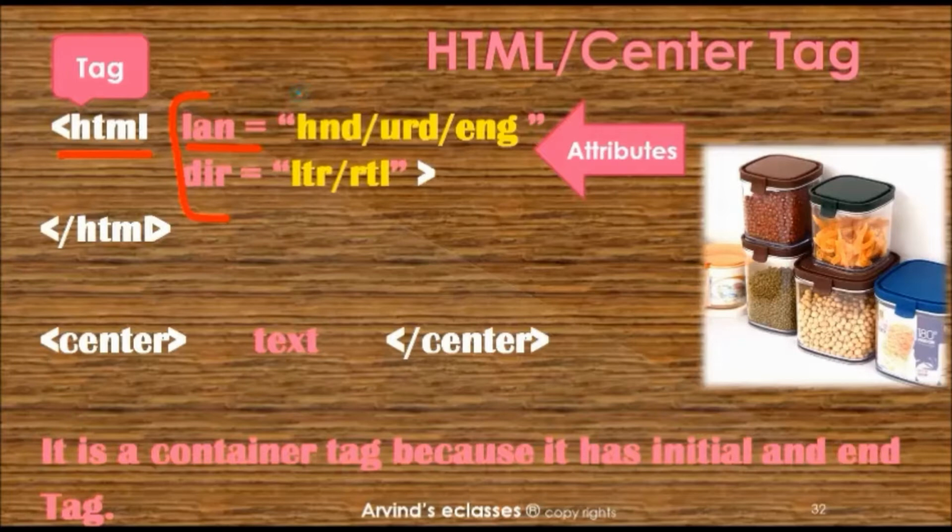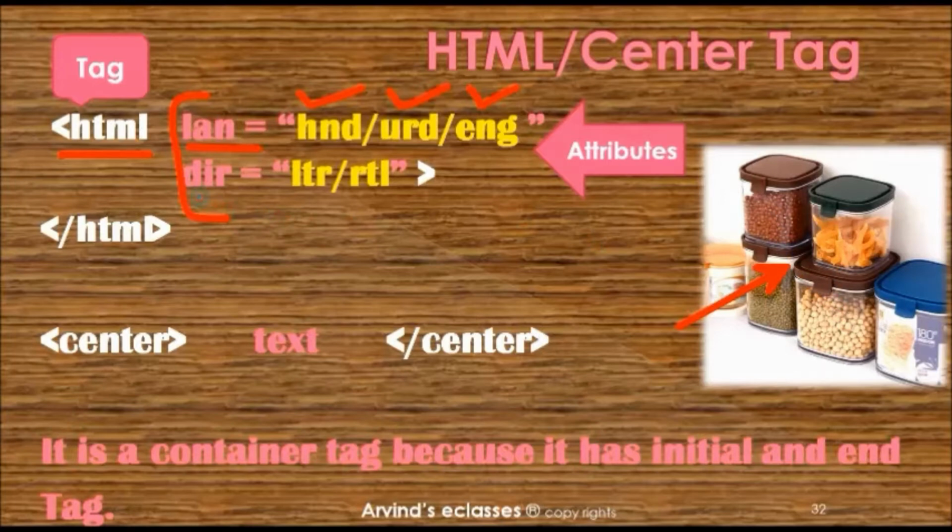Like some websites are written in Hindi, some have content in Urdu, and some websites have content in English. Take the example of this box. This box is like your web page, and all the things stored inside, like here it's a red color, it's a yellow color, these are the content.